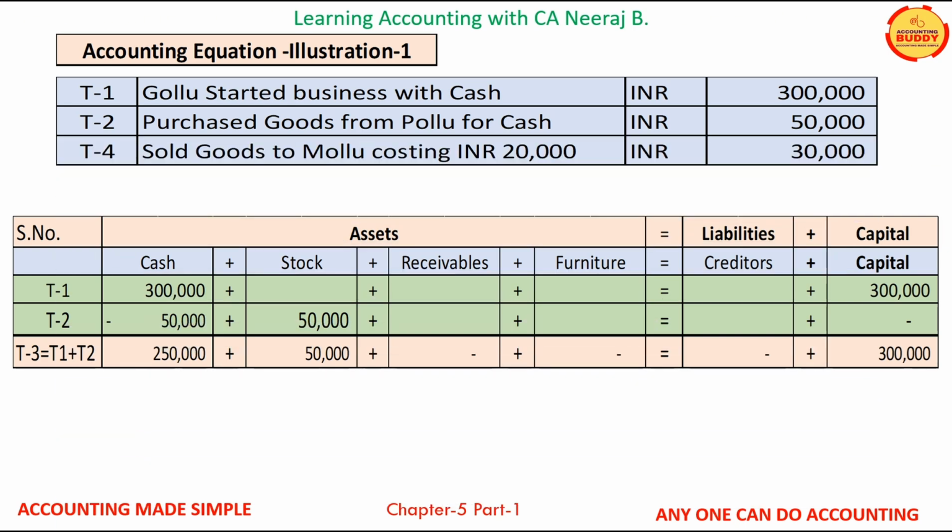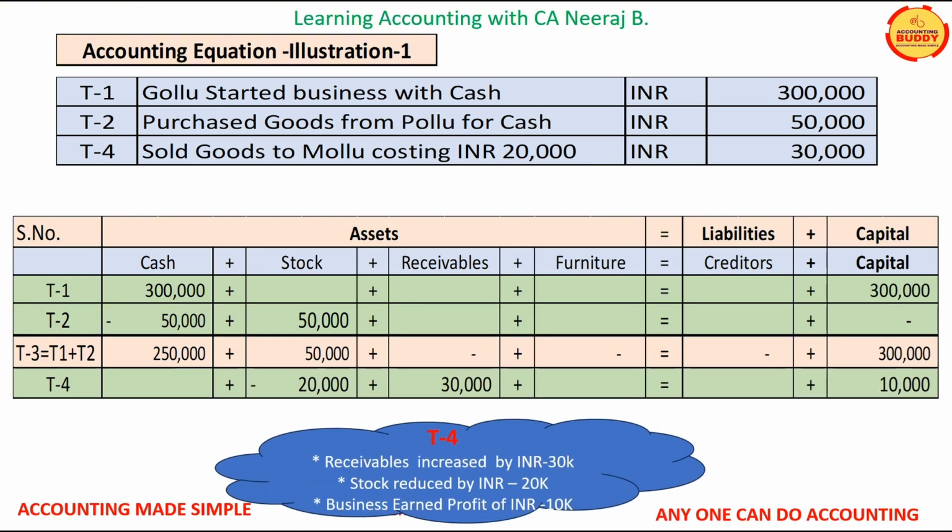Transaction T4 on your screens is goods costing 20,000 sold to Molu for 30,000. If we analyze this transaction, Molu will increase the debtors as the goods are sold on credit. Therefore, receivables, which is an asset, will increase by 30,000.